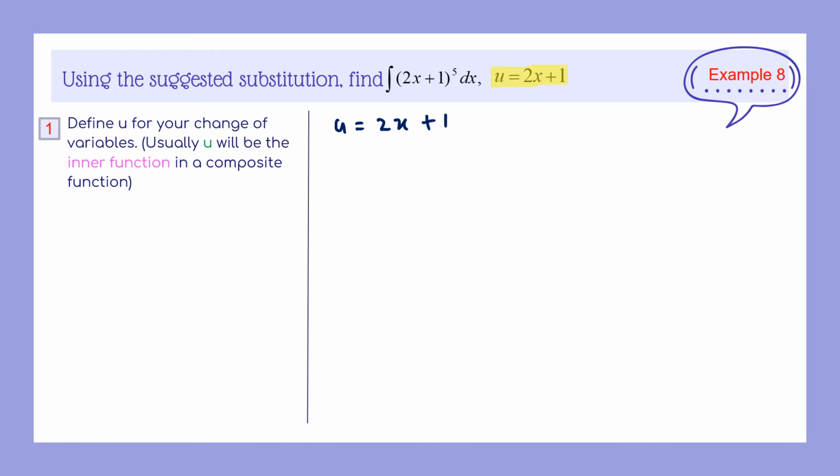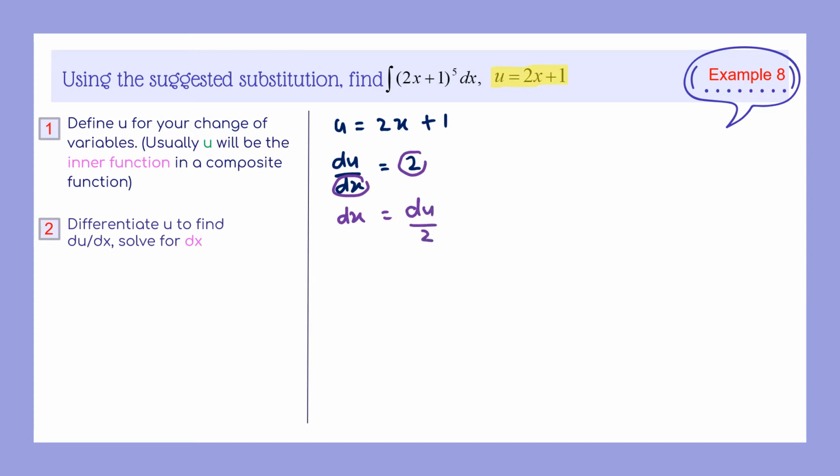Then step 2, we differentiate u to find du/dx and then solve for dx. Kita differentiate u in terms of x, we get du over dx equals 2. Then dx as the subject, so jadi tukar tempat dx dengan 2, so jadi du over 2. And then step 3 is substitute and simplify.